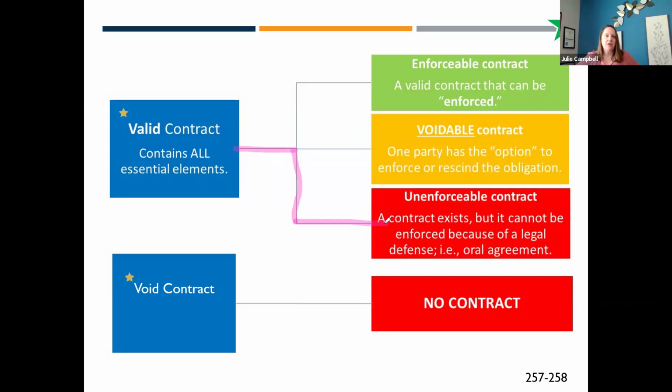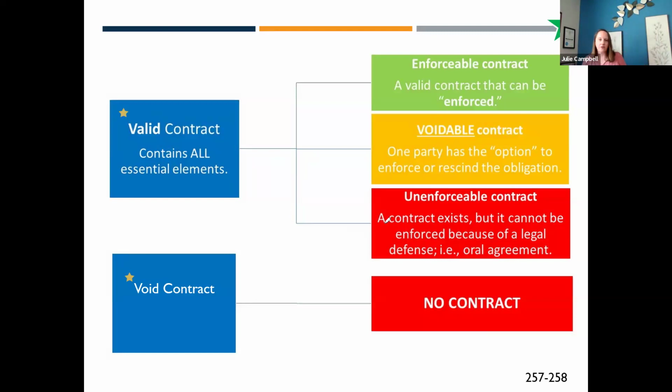That handshake agreement, because it's not in writing, may have all the other essential elements, but because it's not in writing, it cannot be enforced in a court of law. So with valid contracts, there is nothing wrong with the document itself. A valid contract can become enforceable, or it is enforceable. It can become voidable by the judge. It could become unenforceable by the judge.